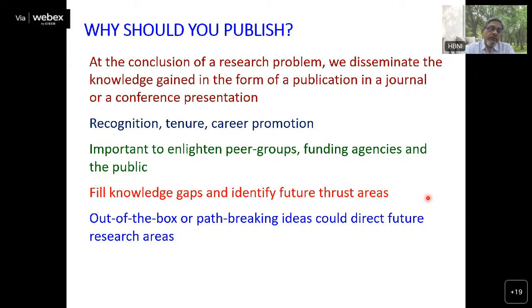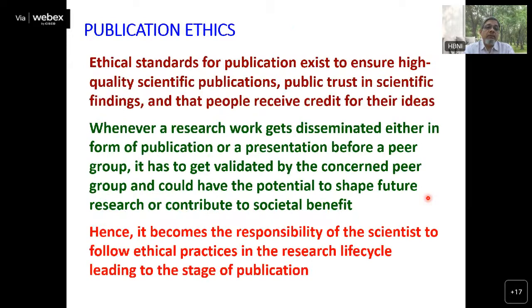As I said in my earlier lecture, you can also have an out-of-the-box or path-breaking idea, and unless you push these ideas forward and publish them, you will not be able to direct future research in those areas. So these are the basic reasons that you need to publish. Okay, I'll end with this slide.